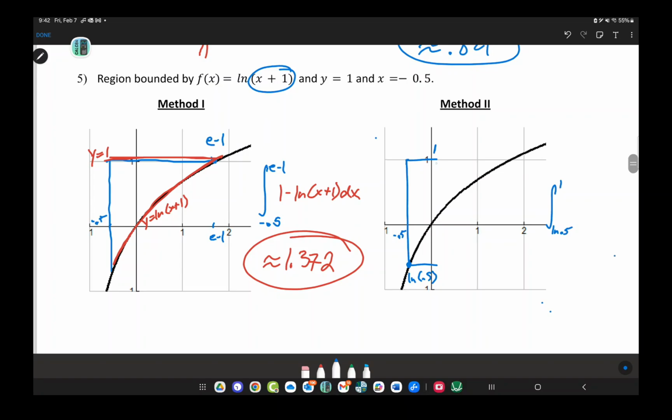In this case, if you turn this sideways, this function is greater than my negative 0.5. What was this function in terms of x again? Take the natural log of x plus 1 equal to y, e to the y, so x plus 1 equals e to the y, minus 1.